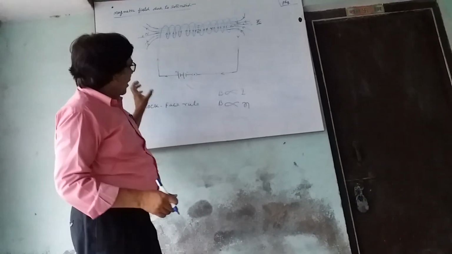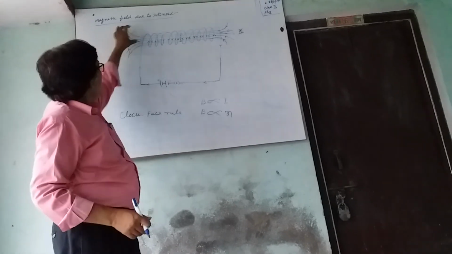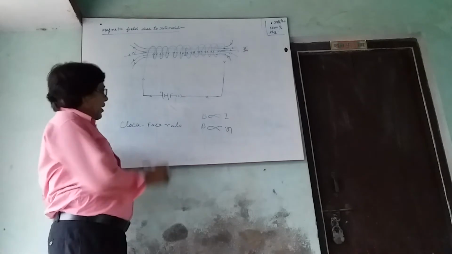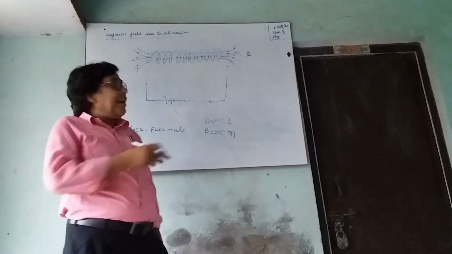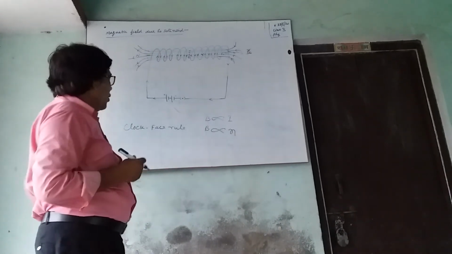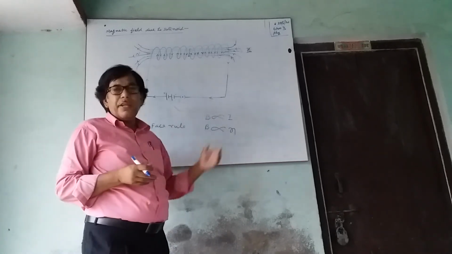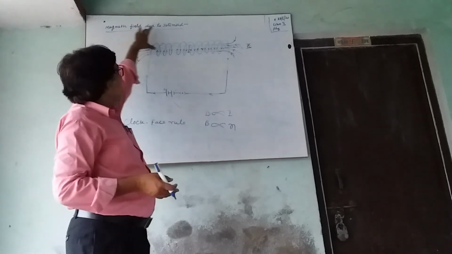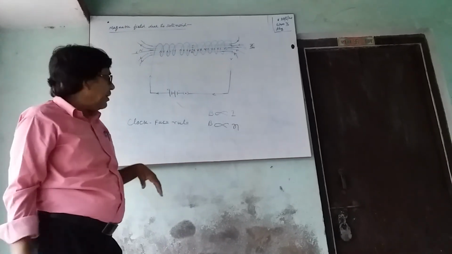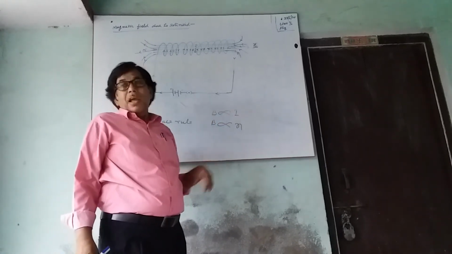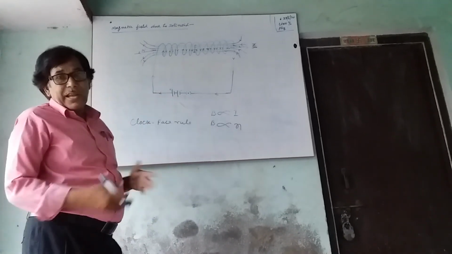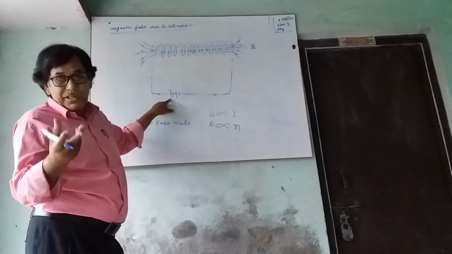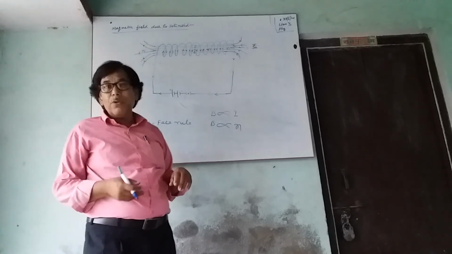And we can increase the magnetic field by increasing the amount of current passing through the solenoid, and decrease it by decreasing the current. The current can be increased or decreased by increasing or decreasing the number of cells, or by providing more resistance.